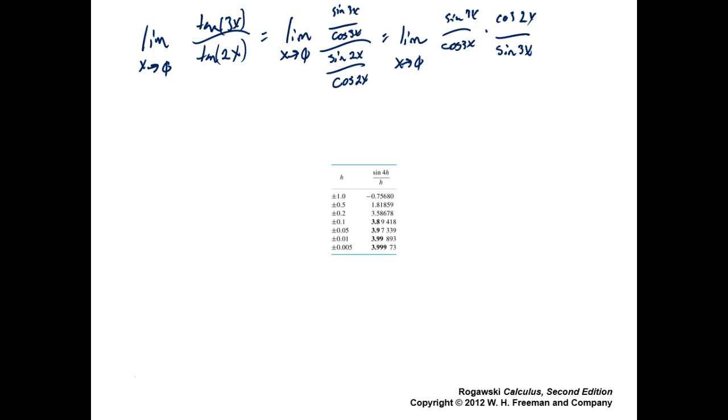But what we can do here is, and this is sort of a trick. It's not something I'm sure any of you would have thought of on your own. I'm not sure I would have thought of it. Let's multiply numerator and denominator here by x over x. But that's an indeterminate form too.